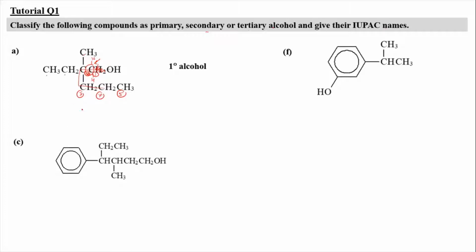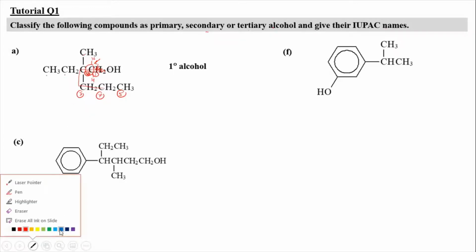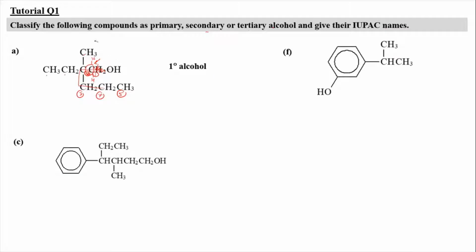Okay. And at carbon number 2, they're going to be attaching at two substituents. So they're going to be a methyl group and also an ethyl group. Okay. So it's going to be a pentanol, 1-pentanol, and then at carbon number 2 it's going to be attaching with ethyl and methyl.